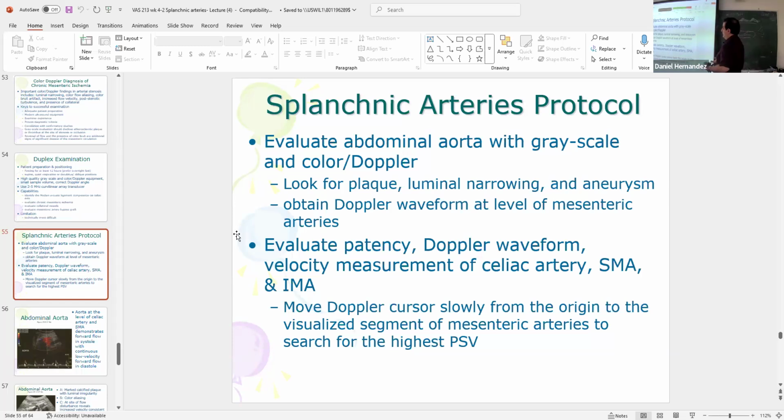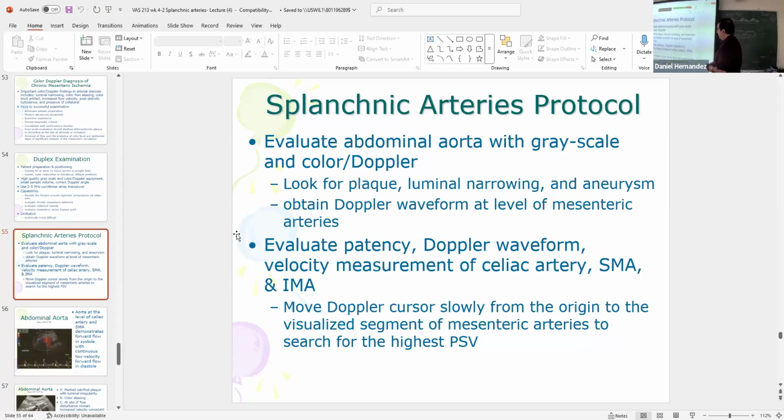If it's not thrombosed and there's aneurysmal dilation, the velocities are going to decrease in that distal portion of the aorta. So the IMA could be stenotic, and we could see atherosclerotic plaque in it, but the velocities don't meet the criteria because the aortic velocities are so low.